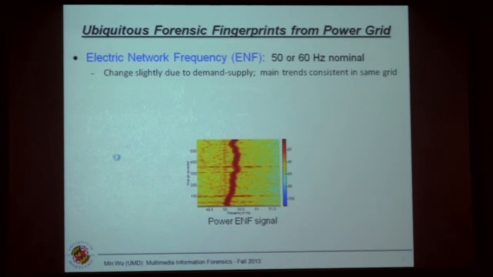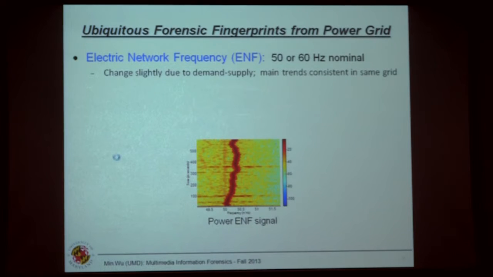properly. But if we actually tap into our power network, using a simple circuit with a transformer to step down the voltage to a safe range, and then sample it into our computer to analyze, it's not exactly 50 or 60 hertz. It varies very slightly around that nominal frequency.